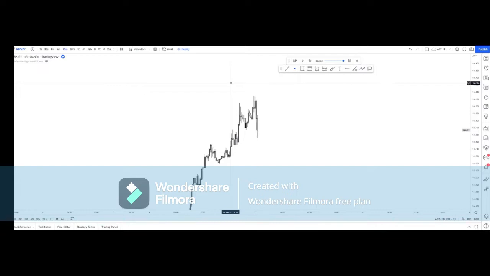The first thing is this. We know that we identify liquidity on the higher time frame. But because we are going to be entering trades in and out throughout the day, we need to identify equal lows and equal highs. That is going to be our main target. We need to identify equal lows and equal highs.